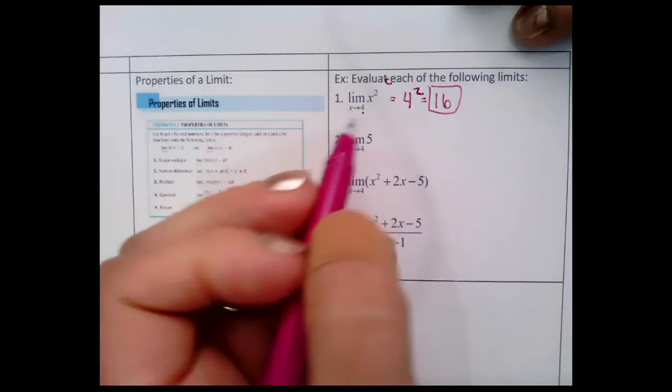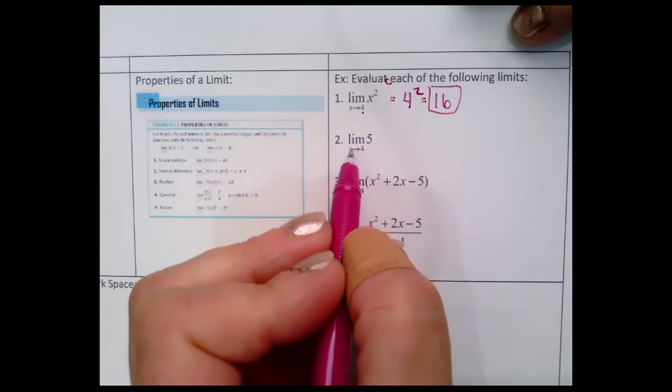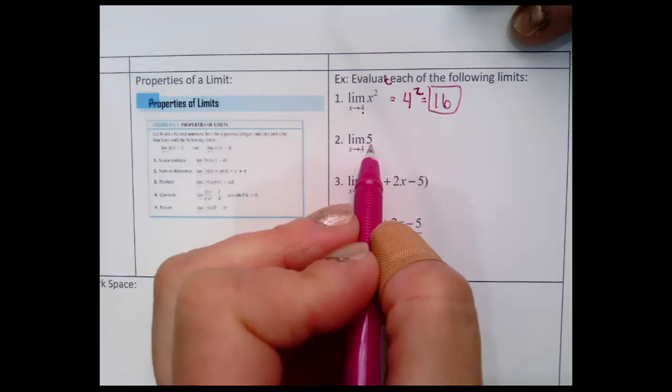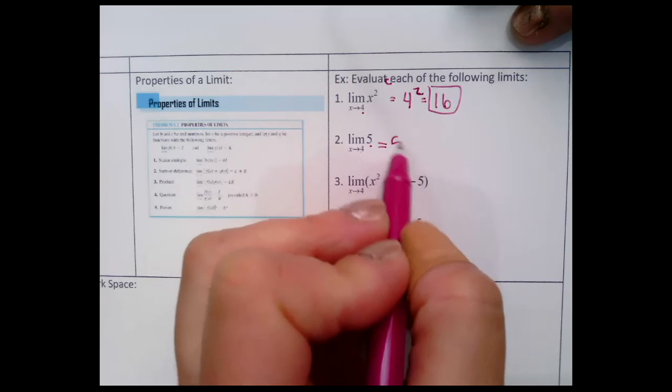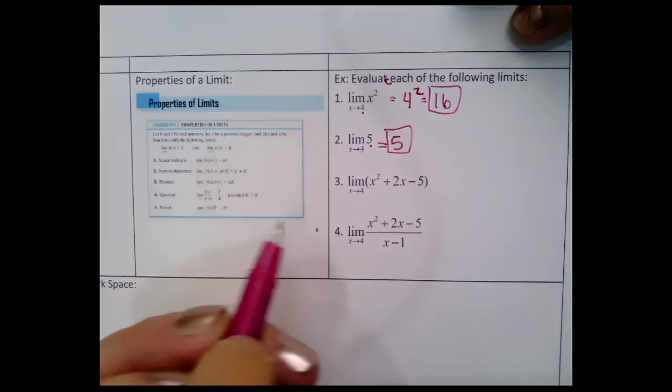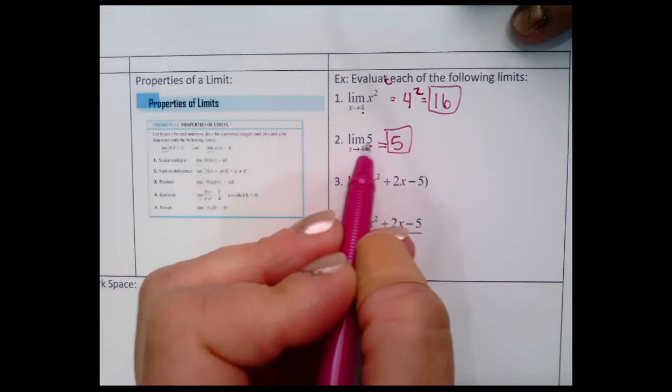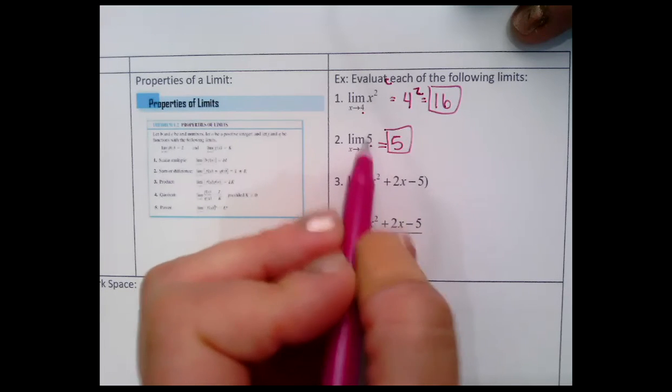The limit as x approaches 4 of 5 is just going to be 5, right? Because this doesn't change, if we plug 4 in, it doesn't matter.